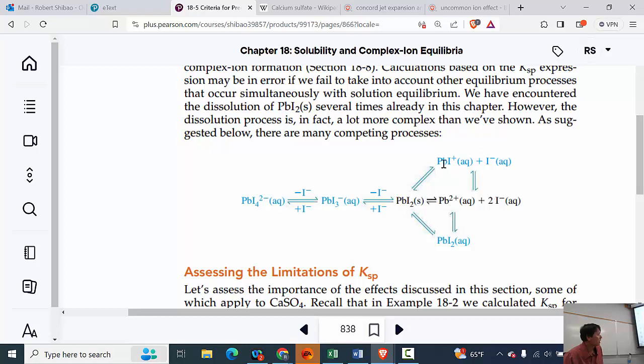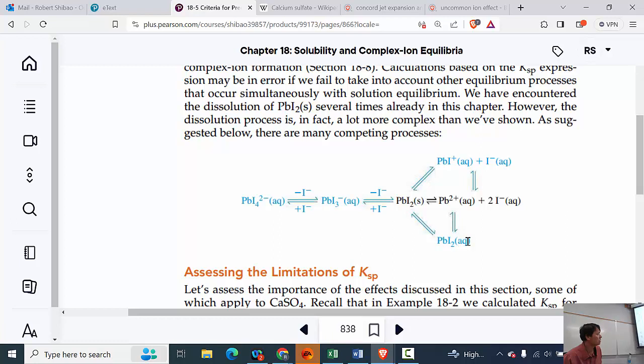And so the black is ideal. But we already know we have ion pairs, so this is incomplete dissociation. So one iodide gets stuck on. It's not ionically bonded, but it's forming a pair like this. So rather than splitting up into 3 particles, it splits up into 2. The other type of ion pair is, okay, the Pb breaks off and 2 iodides break off, but the 2 iodides link up.